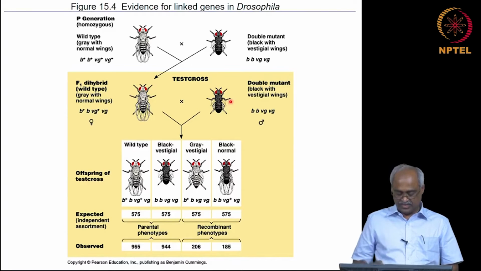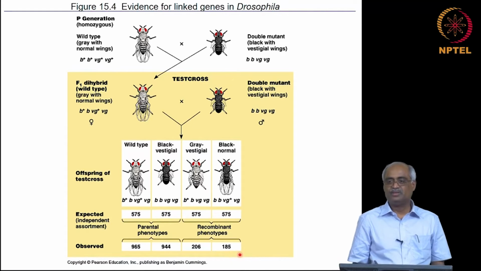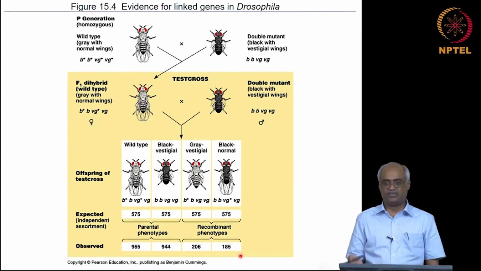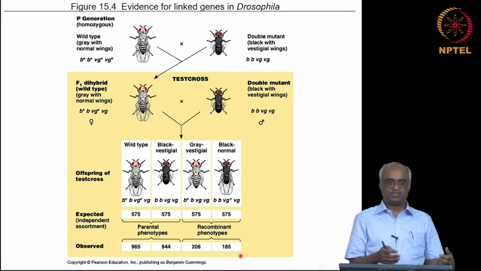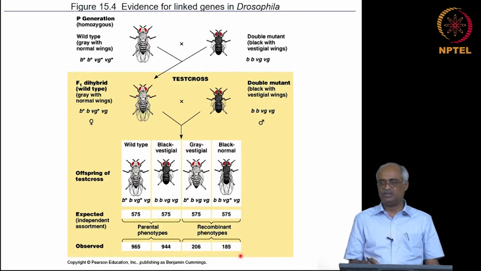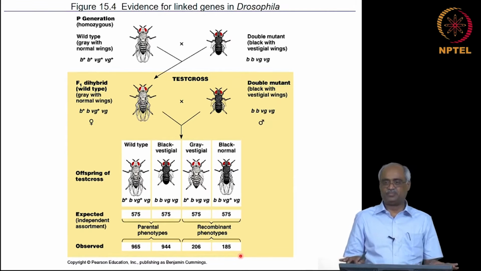So, instead Morgan got this ratio at the bottom. It was not a 1:1 ratio, which would have indicated that each one is following the 3:1 ratio monohybrid-wise, and at the same time, that would have indicated an independent assortment.